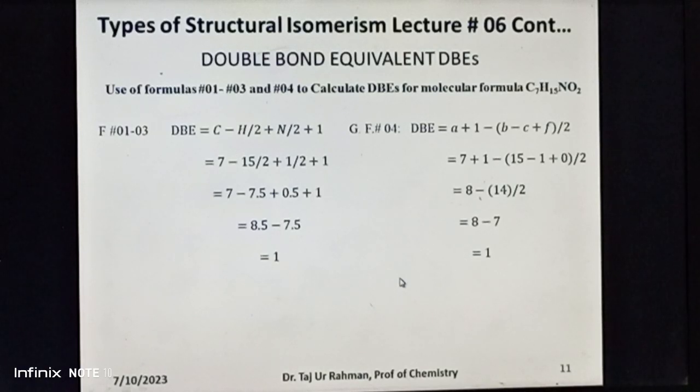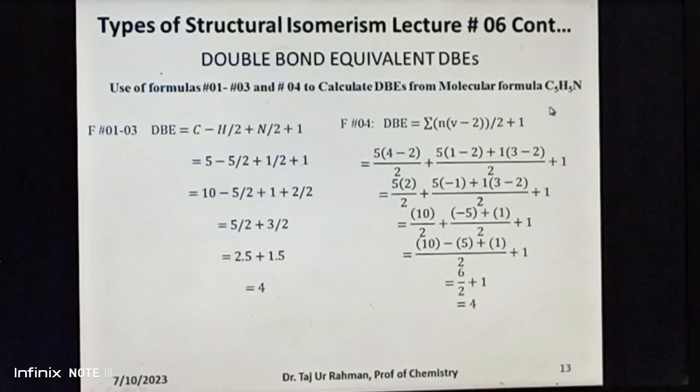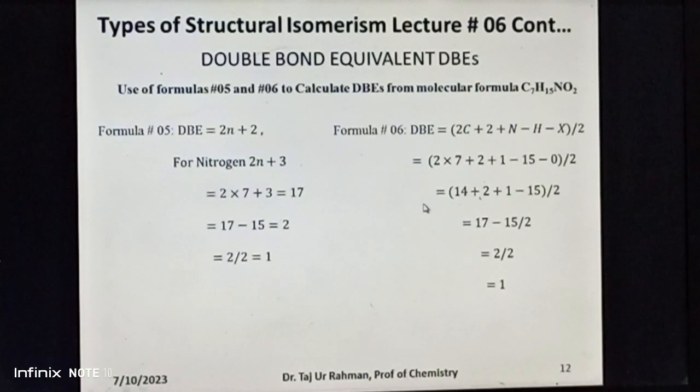The DBE value can be calculated for compounds containing carbon, hydrogen, nitrogen, and oxygen, that is C7H15NO2 types of compounds, and C5H5N.